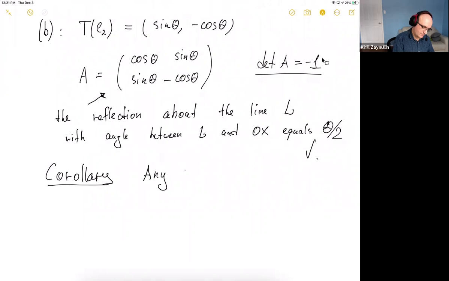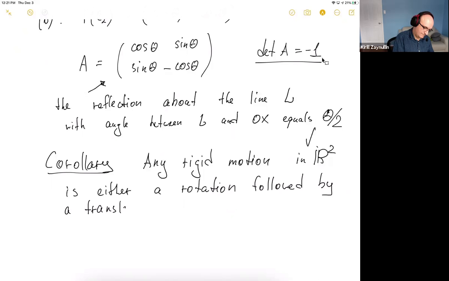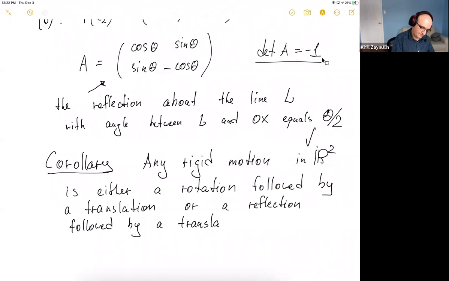Any rigid motion in R2 is either a rotation followed by a translation, or it is a reflection about a line through the origin followed by translation. So there are only two options available.